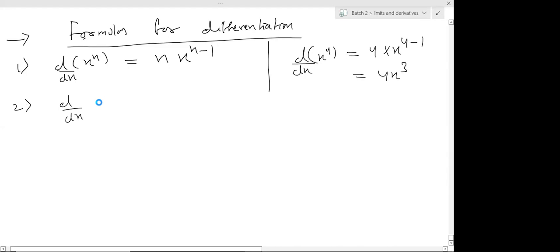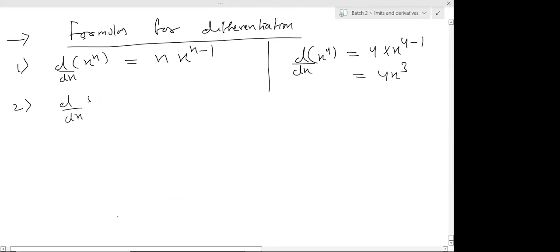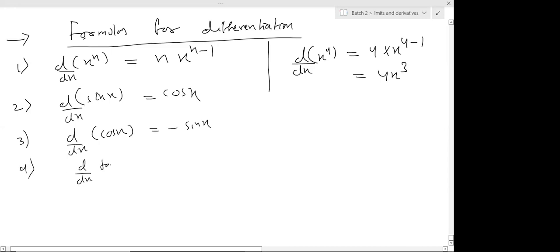Differentiation of sine x is cos x. Differentiation of cos x is minus sine x. Differentiation of tan x is sec square x.